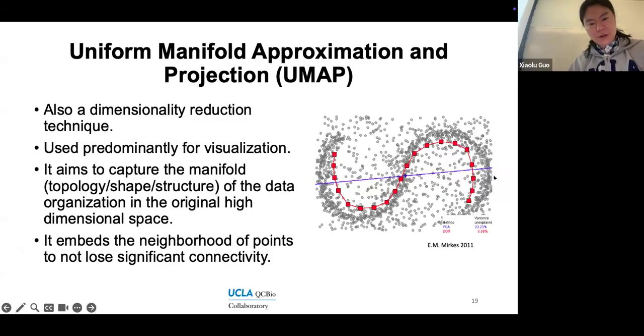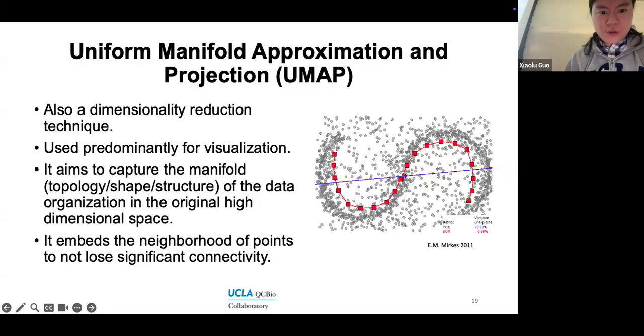If you think of this as a high dimension gene expression space, where each dot is a single cell, it presents how the single cells are distributed in this space. Then UMAP can find a low dimension representation. It's the red one, a curve.